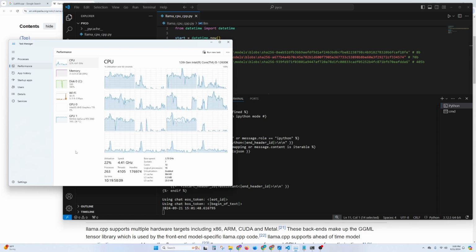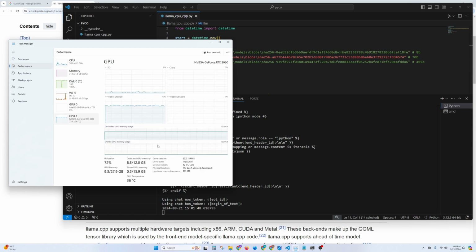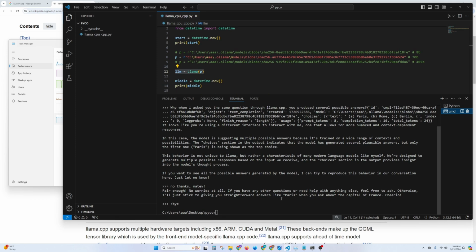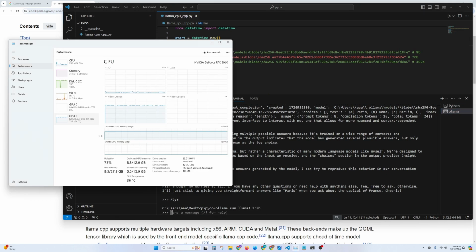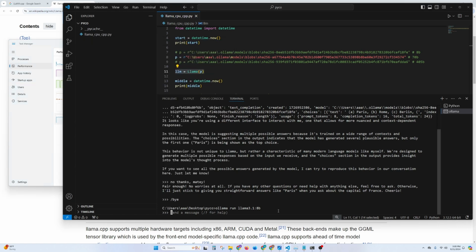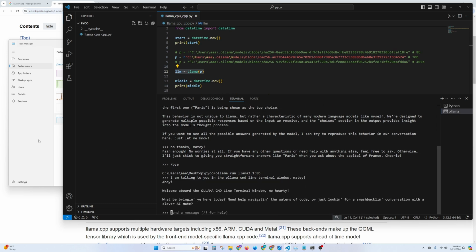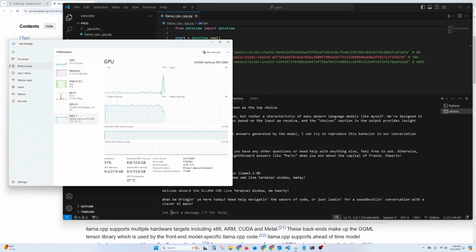Not sufficient RAM. Let's watch the GPU spike when I talk to it here. I am talking to you in the llama command line terminal window. Matey. Ahoy! There, see?